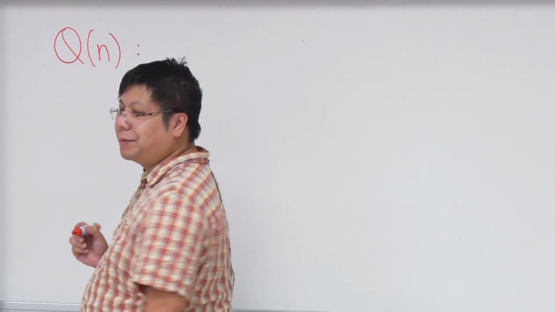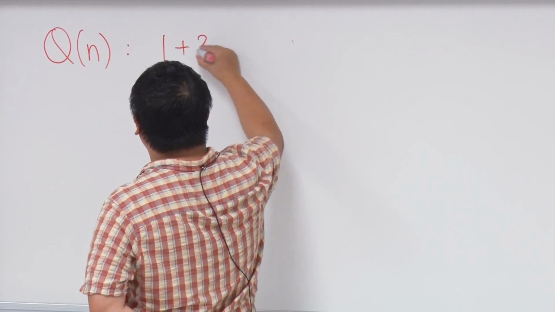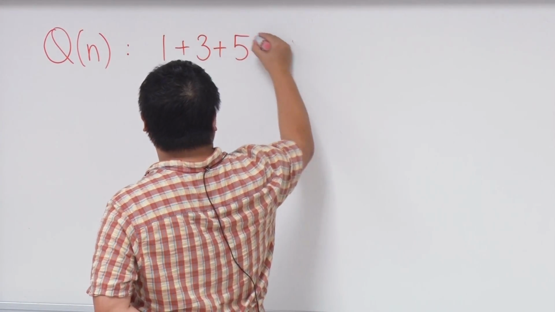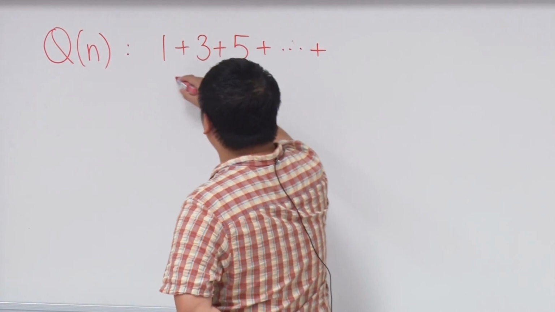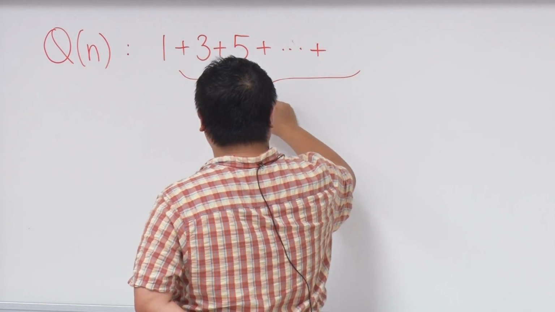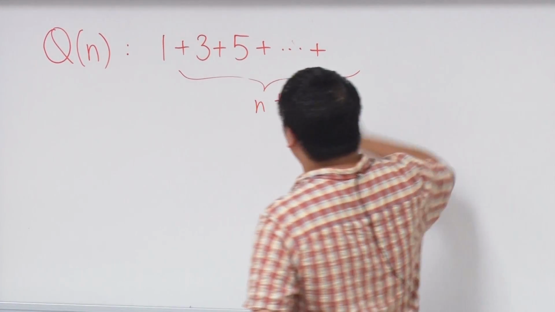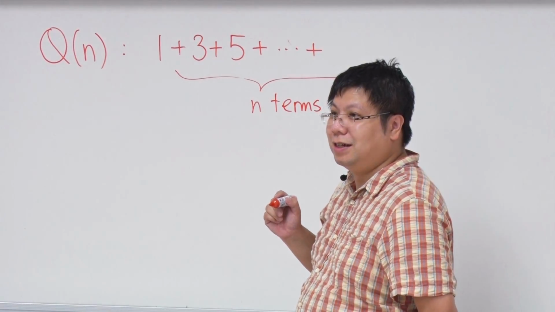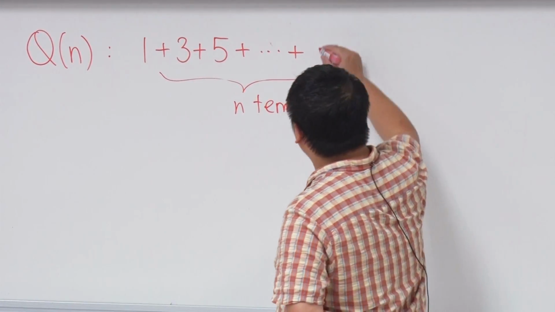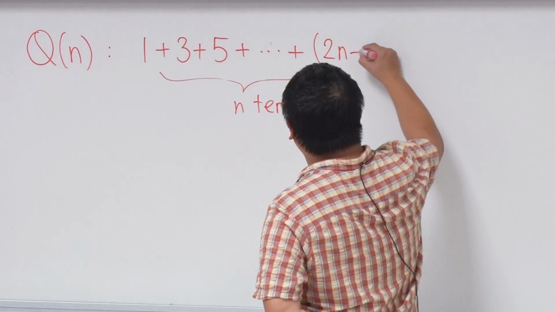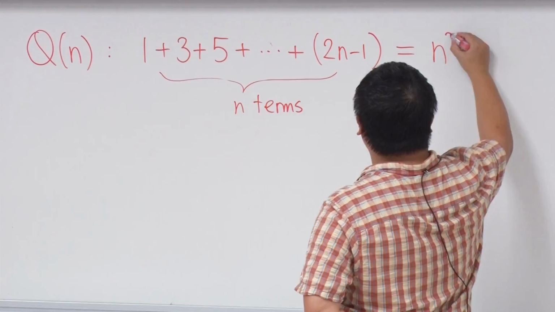Let's say Qn represents this statement: 1 plus 3 plus 5 plus ..., and say they are altogether n terms. So the last one will be what? 2n minus 1, okay? It's going to be equal to n squared.